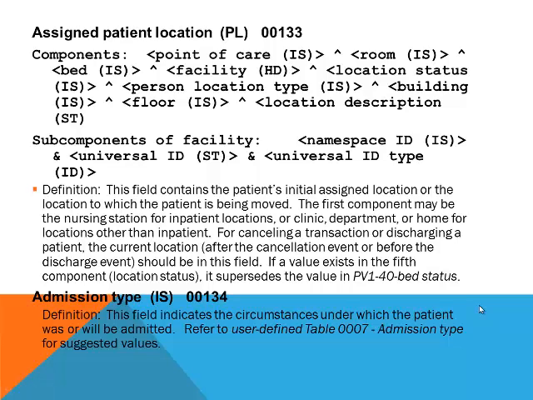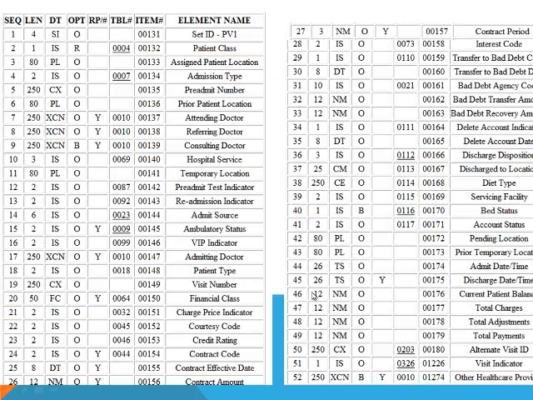Generally, if we want to cancel a transaction or discharge a patient, the current location should be in this field. If a value exists in the fifth component, it substitutes the value in PV1-40 bed status. That means 41, we try to find here. Okay, that's bed status.